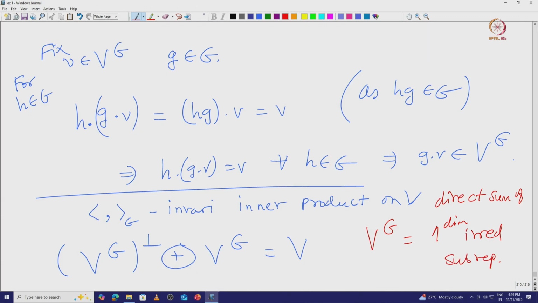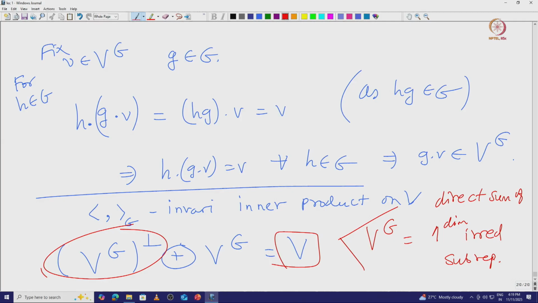We can simply decompose, because the entire action of G on Vg is just the identity. That means if we are interested in decomposing this V, then we have to focus on this orthogonal complement. Maybe later we will see some examples of how to actually get the decomposition of V into irreducibles.